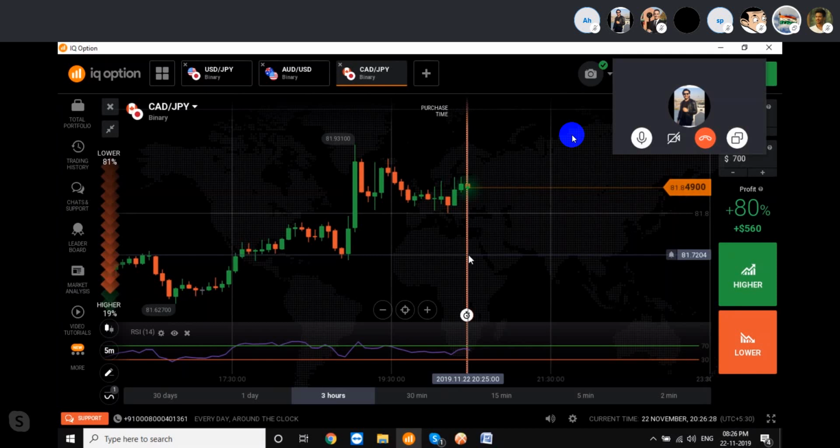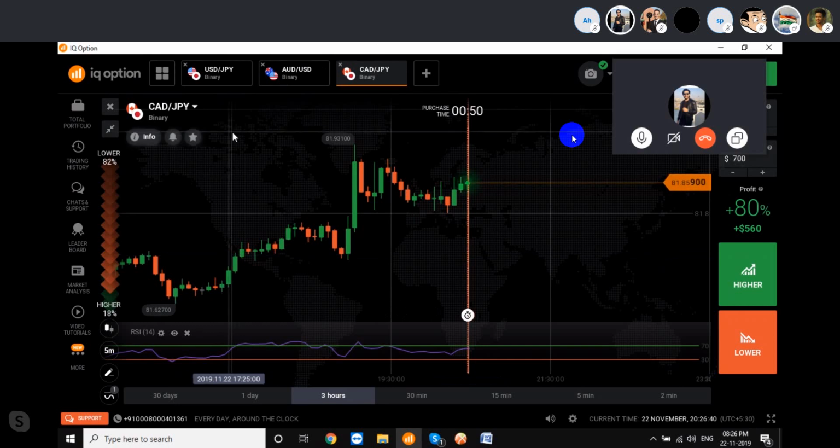As the time frame is higher, you get very precise information. What about the expiration time if we want to take a trade? If you are taking 5 minutes, then the expiration time must always be 5 minutes. If I'm taking a trade on 1 minute, then the expiration time will be 1 minute.